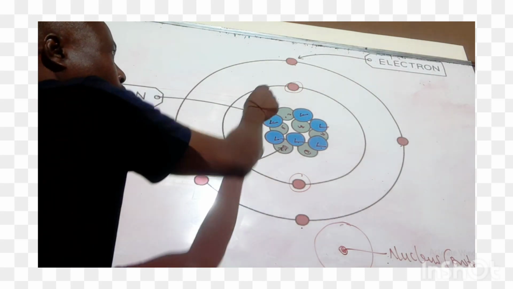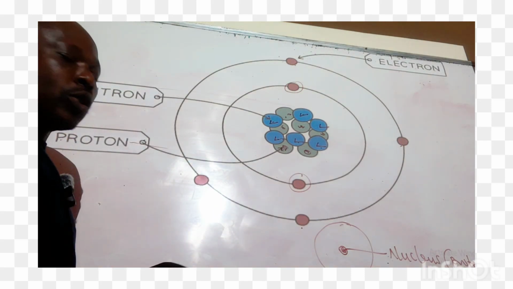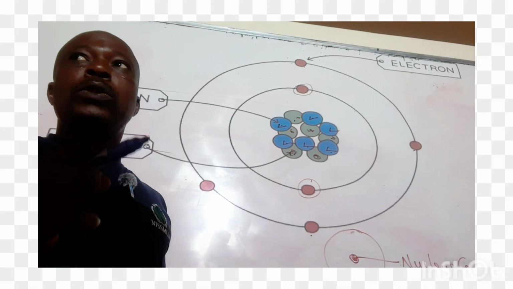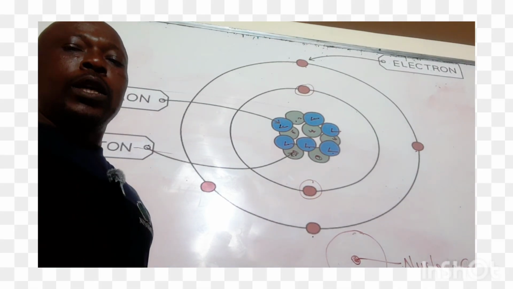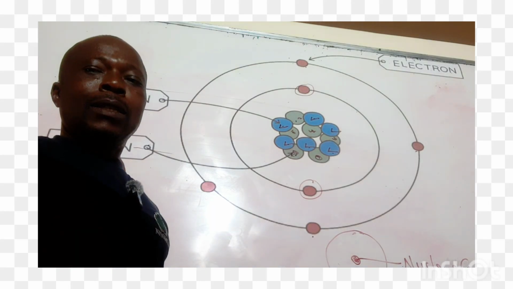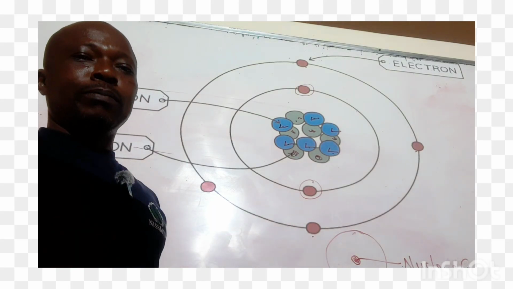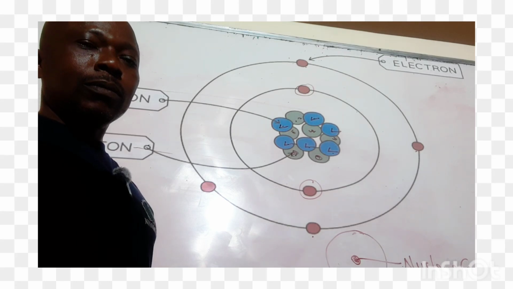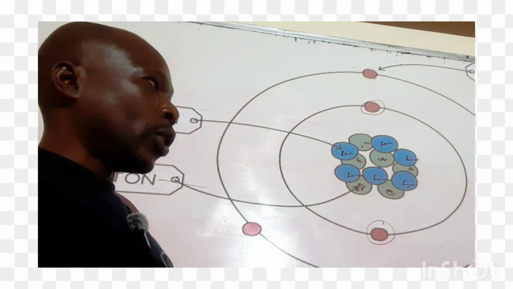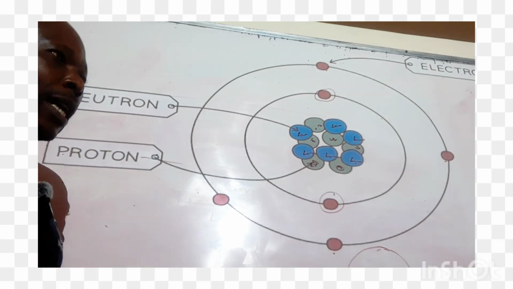So 4 plus 2 making 6. So this atom contains 6 protons, 6 neutrons, and 6 electrons. You can guess which element this atom represents.